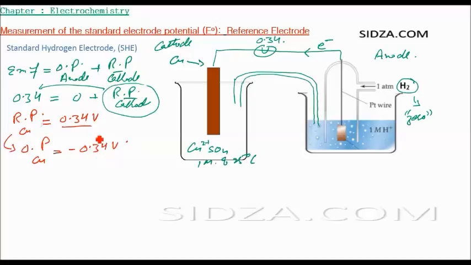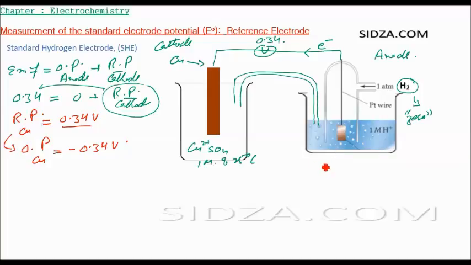This means that copper has a higher reduction potential than oxidation potential. It has a high reduction potential and a low oxidation potential. That's why once you connect copper with the reference electrode, it takes electrons away from hydrogen. So hydrogen acts as the anode and loses electrons.